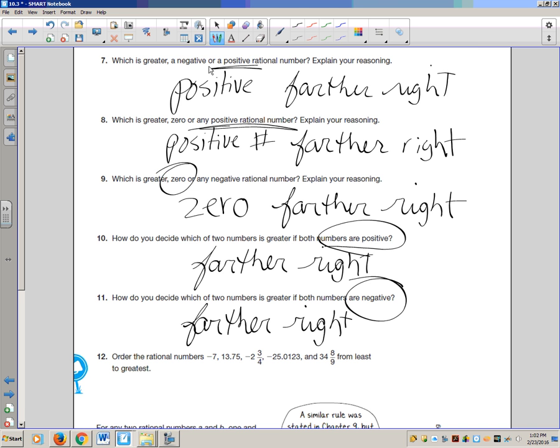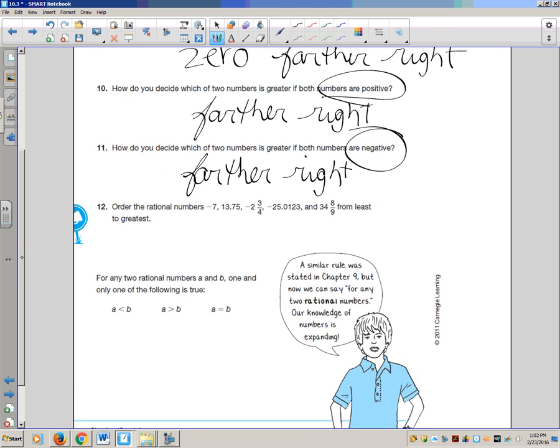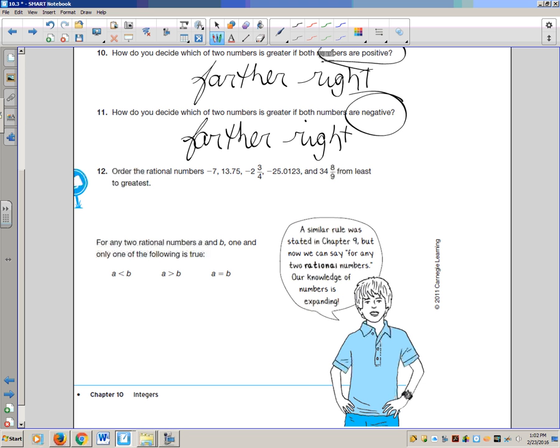A little redundant. Number 12, order the rational numbers -7, 13.75, -2 3/4, -25.0123, and 34 8/9. Start with our negative numbers first. Which one is farthest left? -25.0123.